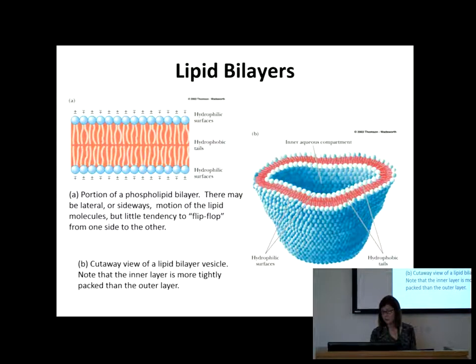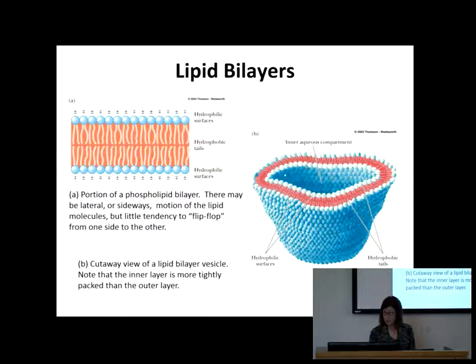So here you have a blow-up of a cell. The blue parts are phosphates, and the little lines, not to scale, are fatty acid tails. They're going to be in there. And then on the inside, we have the phosphate groups.